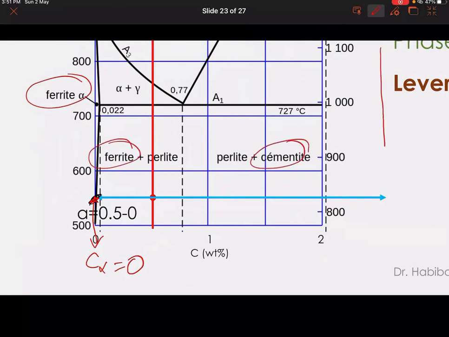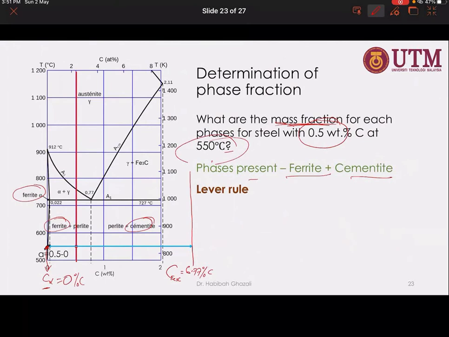Cementite is also a vertical line, located at 6.77% carbon. Now we identify C cementite and C alpha, the compositions. We are not talking about determination of the composition now; we talk about determination of mass fraction following the lever rule.